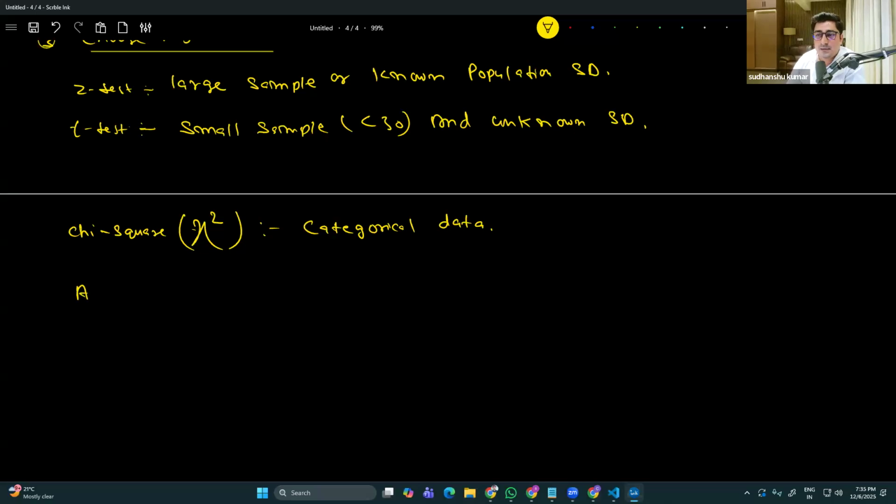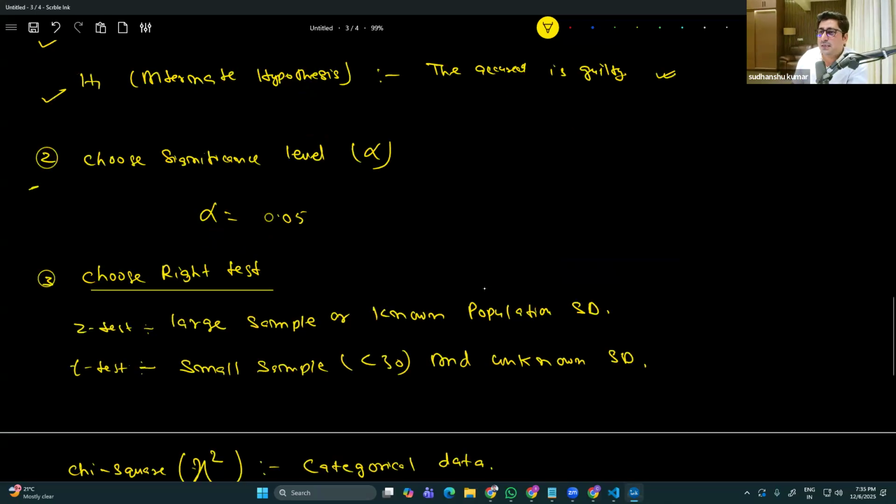And then there is something called ANOVA, analysis of variance test, we say. Whenever we have more than two category comparison, that's the reason I have written greater than. Group comparison. So these are the different kinds of tests, and depending upon the nature of the data, we try to select a different kind of test.